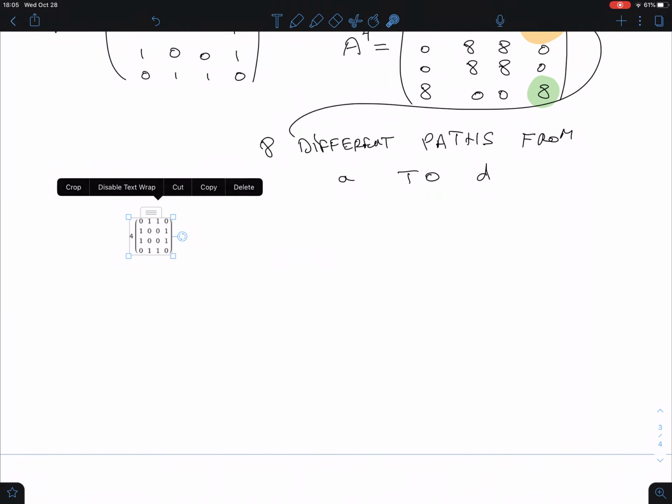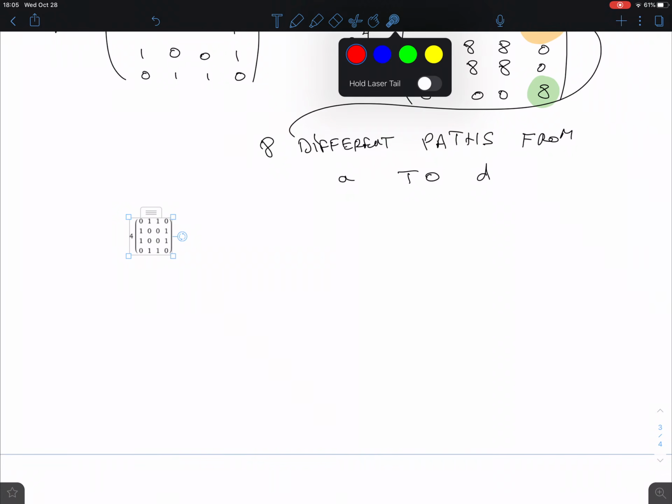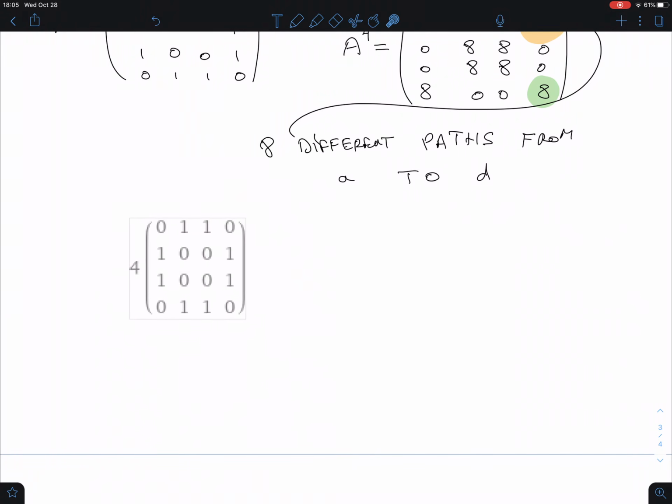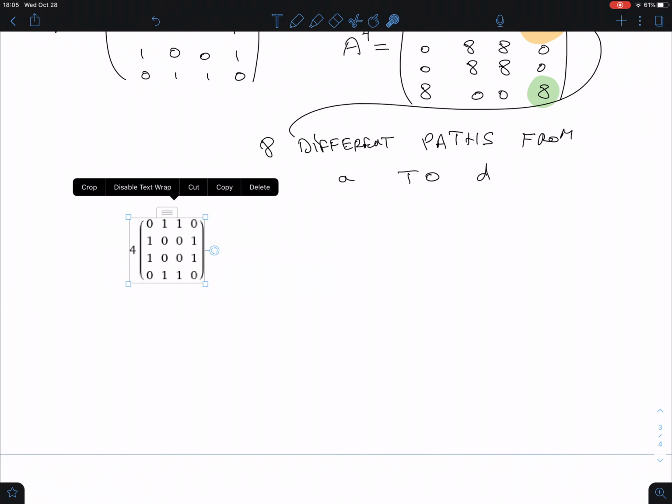So here, this entry here, what does this mean? Let me make this a bit bigger. The resolution is not very great, but it's still legible, right? So let's look at this entry. What does this entry mean?